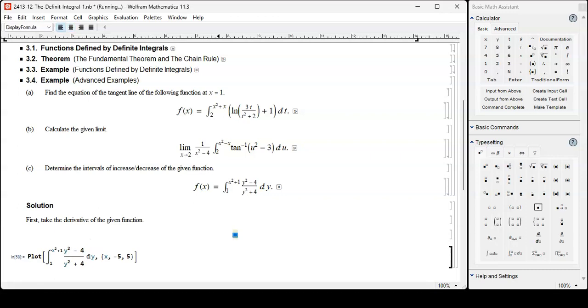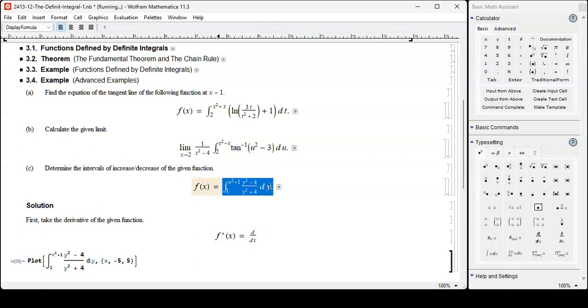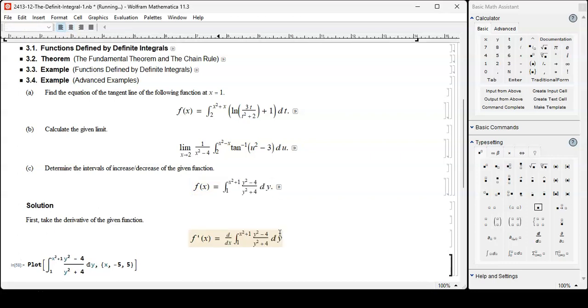Let's take the derivative of the given function. The derivative of this function, given by the integral, we're just plugging in x squared plus 1 in place of this y, and then another y here, so x squared plus 1 here.